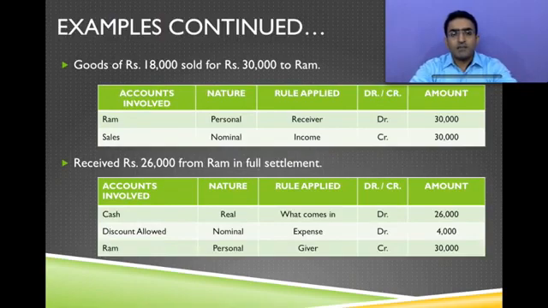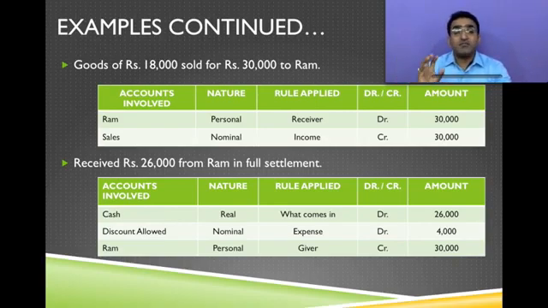Take two more examples here. Goods of rupees 18,000 sold to Ram for rupees 30,000. There is a 12,000 rupees profit, but we are not going to record that. What is happening? We have Ram, debtor, and sales, income. Ram is a personal account. He is receiving, so debit. How much did he receive?